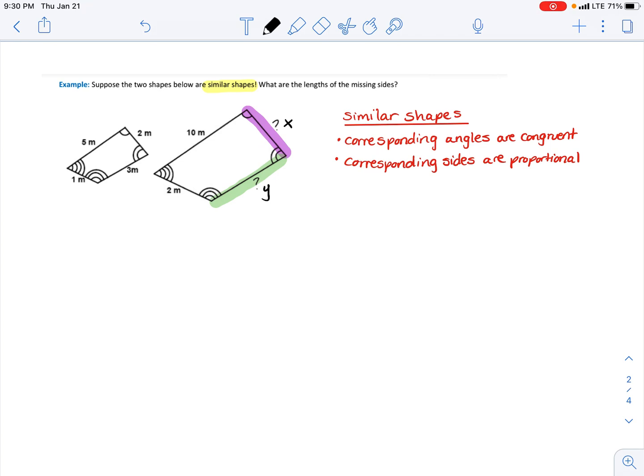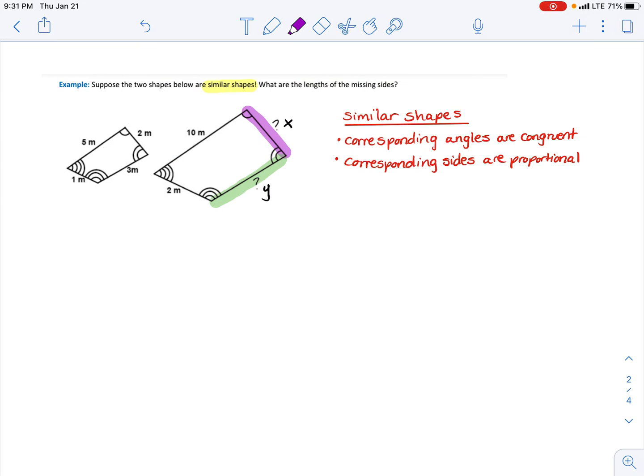So now that I've done that, I want to solve for x and for y, right? I want to know what those unknown variables are. So now I want to look at these two shapes and figure out what the corresponding sides are and what the corresponding angles are. But in particular, I'm more interested in the corresponding sides. For the side highlighted in purple, what is its corresponding side on the shape on the left?